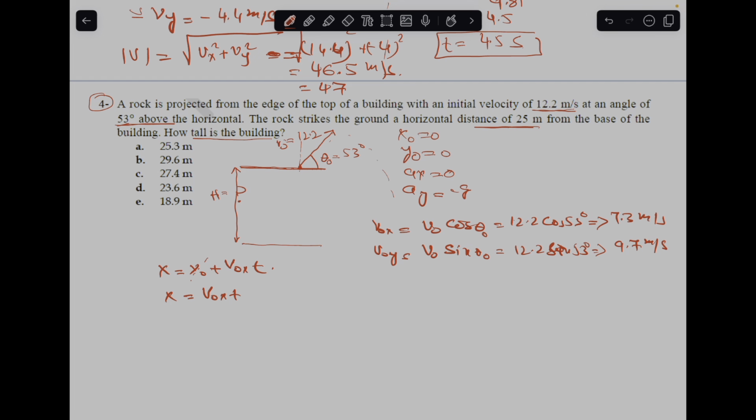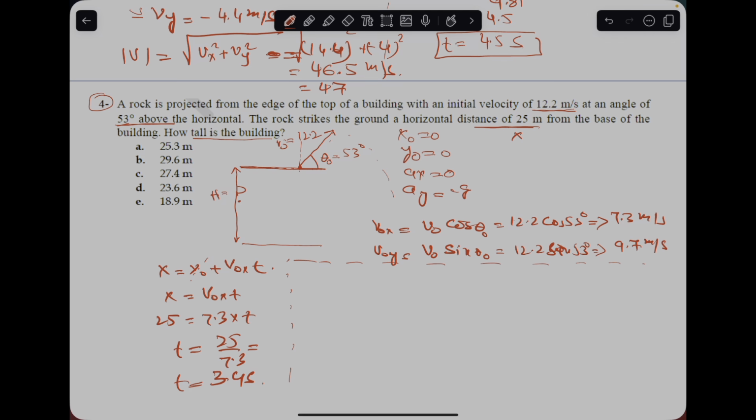So 25 equals 7.3 t, so t is 25 over 7.3, which gives t equal to 3.4 seconds.